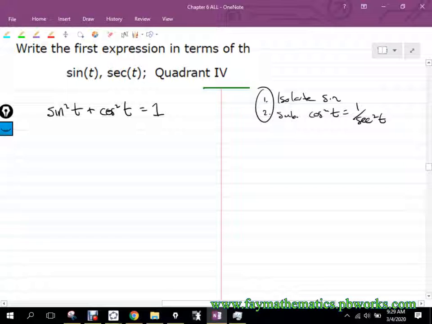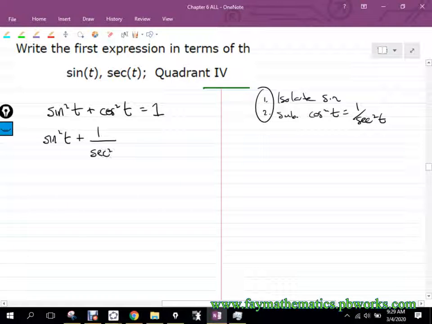Those two steps are independent. They can be done in any order. Which one do you want to do first? Okay, so I'm going to have sine squared t, so cosine is 1 over secant. Now I'll solve for sine.